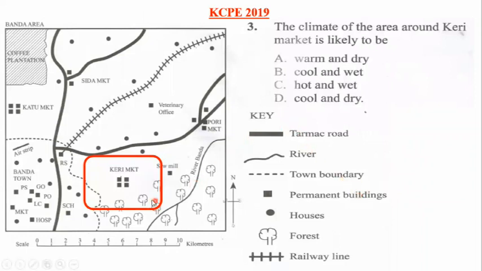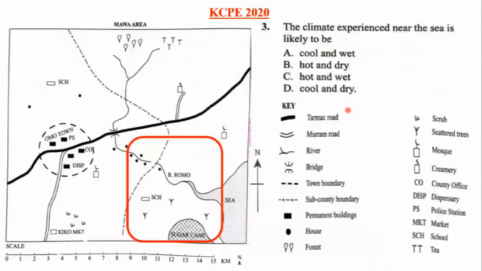Why? There is a forest there. This forest is on a hill because it is a source of a river. Then it's likely to be a natural forest. And therefore, we'll say that this area is hot and wet. So that is how we work out the climate of an area on a map.